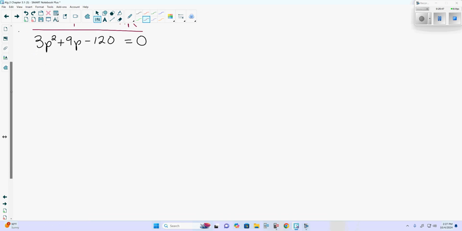The greatest common factor here is 3, so we can factor it out, which would leave us with p squared plus 3p minus 40.